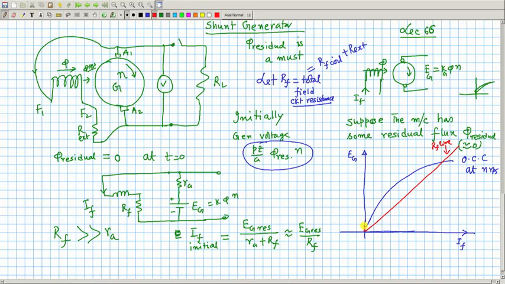But if this much is the generated voltage, field current should be this much. From this red curve I will read, this must have become now the field current. If this is the field current, OCC tells me generated voltage must be this much, it increases to this.